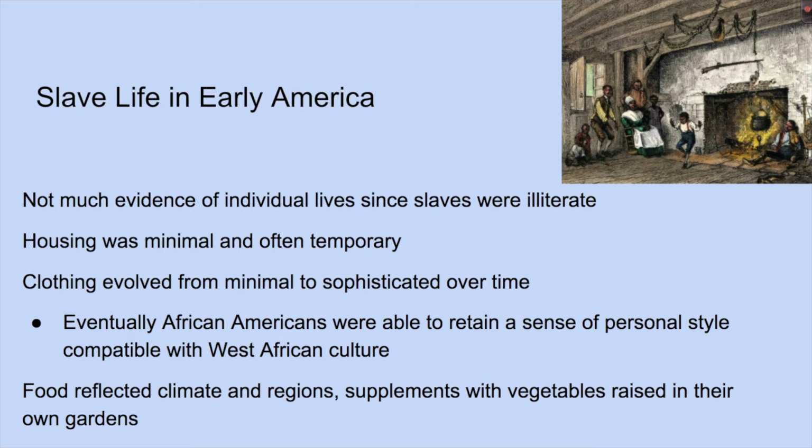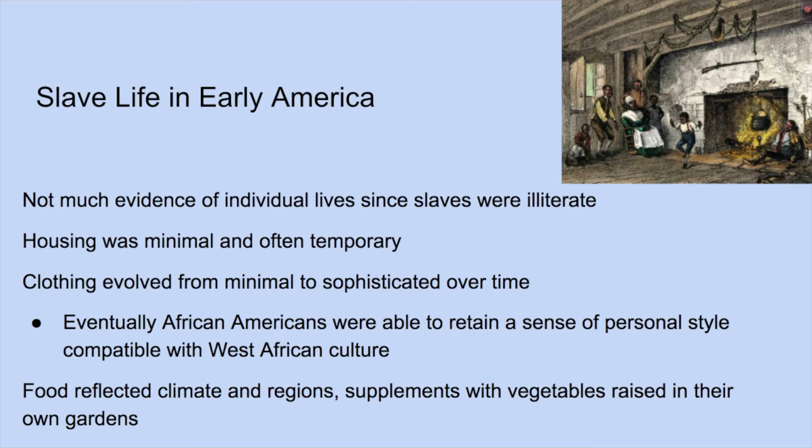Women would wear shifts, which are like a loose, simple dress, and they would cover their heads. During the winter, they would get warmer clothing. Eventually, African Americans were able to retain a sense of personal style that was compatible with West African culture with their clothing.